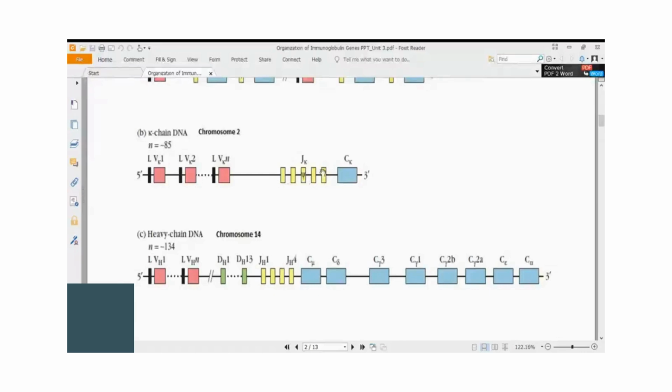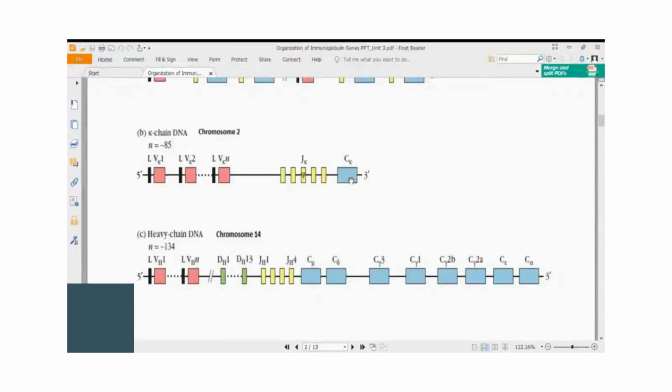Now that J segment is present closer to the constant region domain. In the kappa chain, there is only one constant region domain. That means if the kappa chain or kappa gene is chosen, and I have told you that the majority of the immunoglobulins, about 60% of the immunoglobulins that are produced in our body, choose kappa chains.